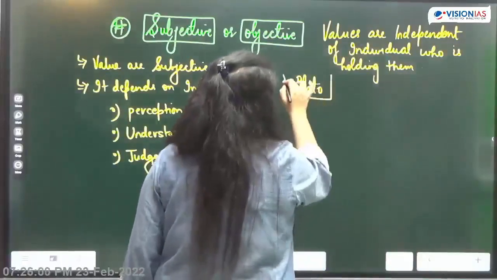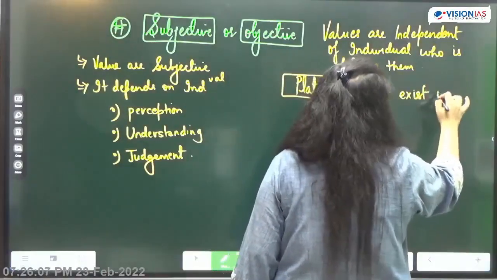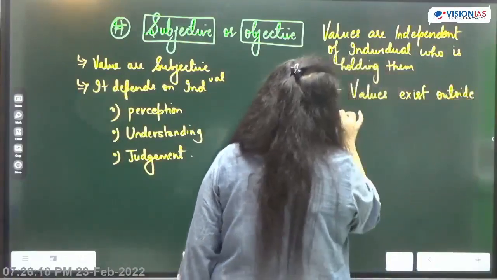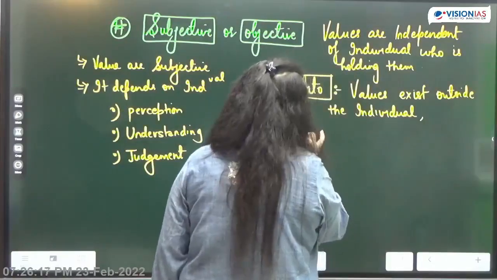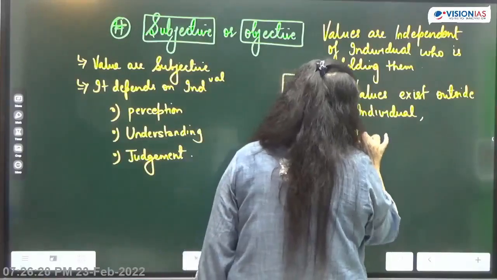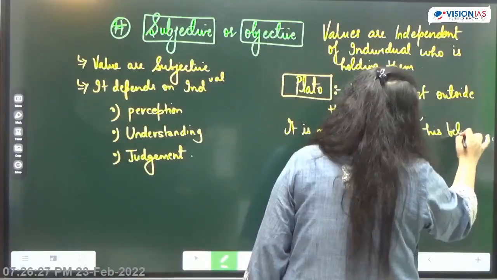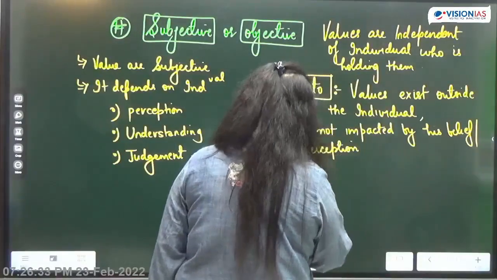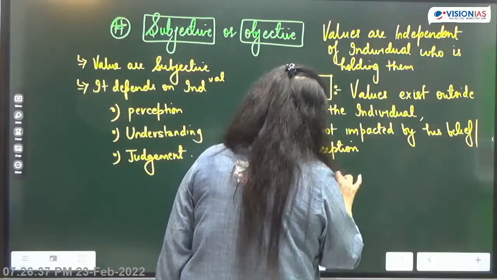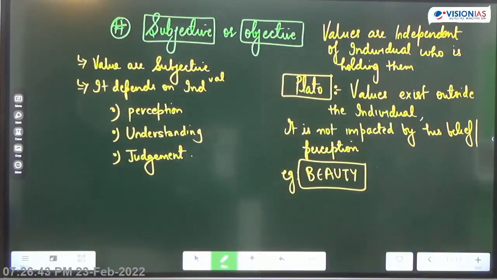Plato says values are objective. School of thought hai. It's not that you have to follow a certain school of thought.